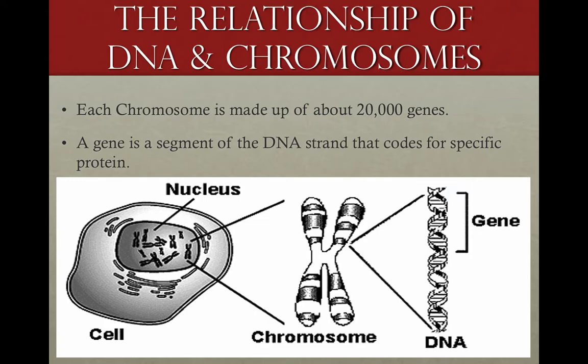It codes for a specific trait that we're seeing, whether it's blue eyes or whatever it might be. And so that's what those stripes are on this chromosome in this image. Those would be those alleles, those genes that are showing up. That's that individual area. And then, of course, the chromosomes, and you have 46 of these chromosomes.